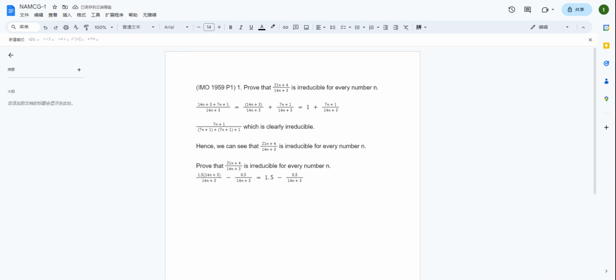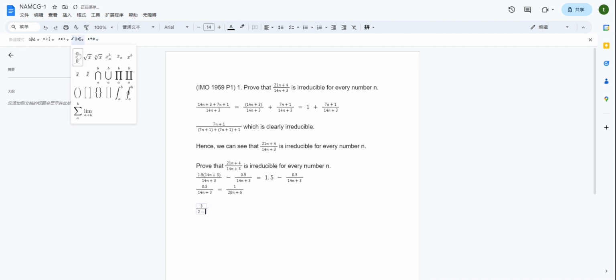Yeah. And then it's evident to see that this part is equal to 1 divided by 28n plus 6. So this means that for this part of the fraction, it is irreducible regardless of the value of n. Or you could also test it by actually manually doing it.